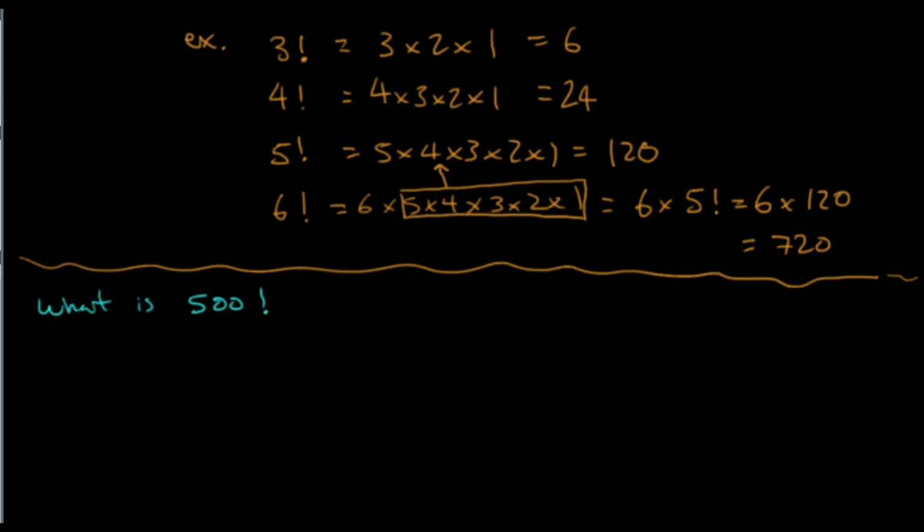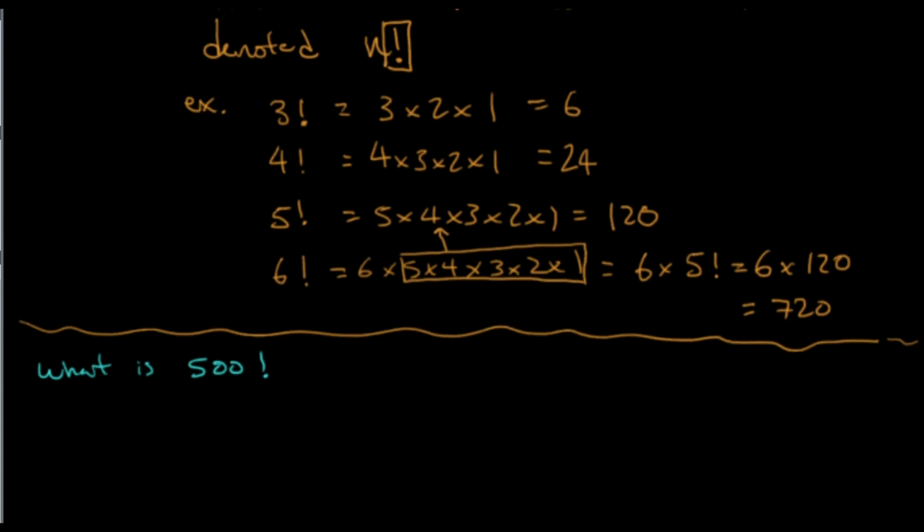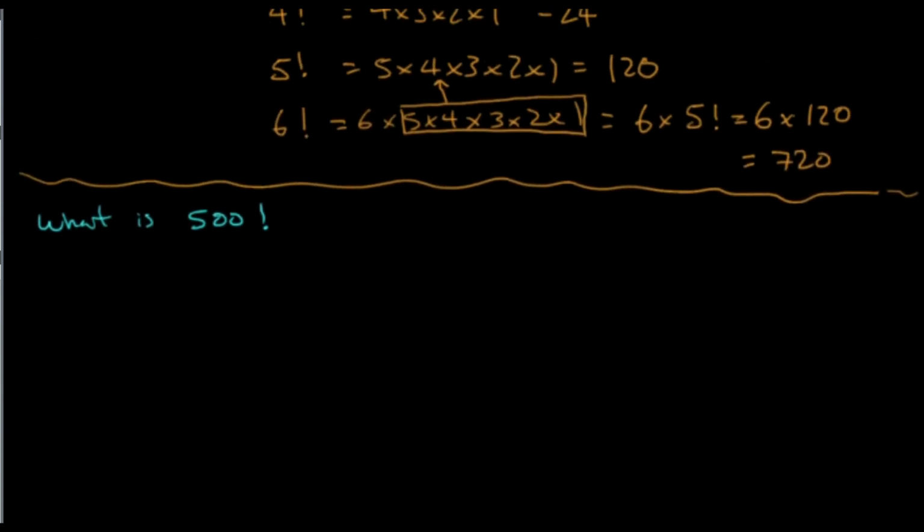Right, and so what one could do is just plug in the definition of factorial and say that, all right, 500 factorial is just 500 times 499 times 498 times 497 times 496 all the way down to 1.